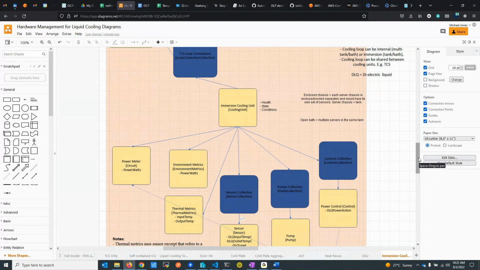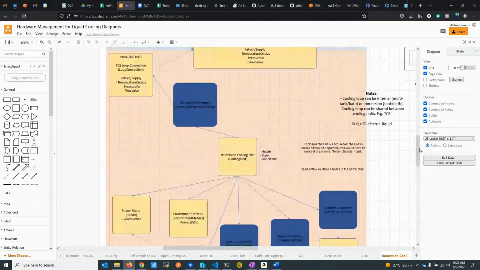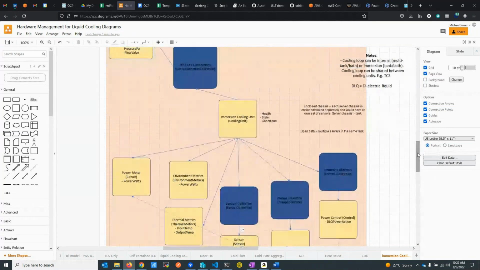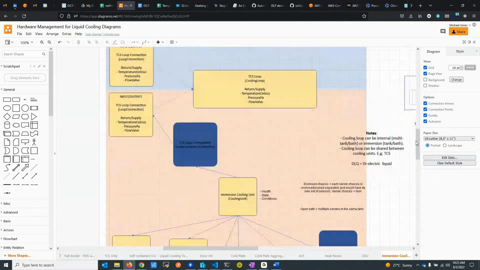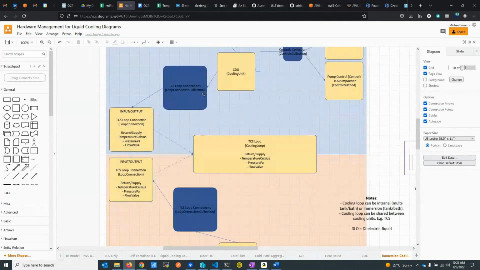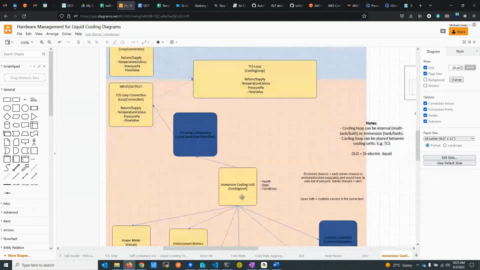So let's move back to this. Let's see if this is still representative of both those scenarios. Let's go through the enclosed chassis first. So you've got the CDU coming down feeding an immersion cooling unit.